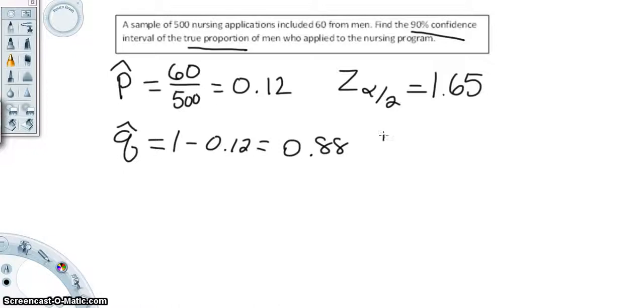We also need to know what was our sample size. Our sample size was 500. So using this information, we can substitute it into the equation.